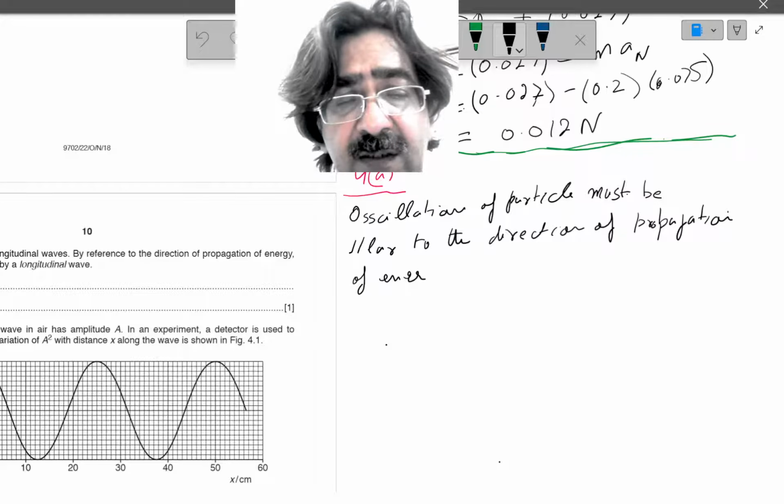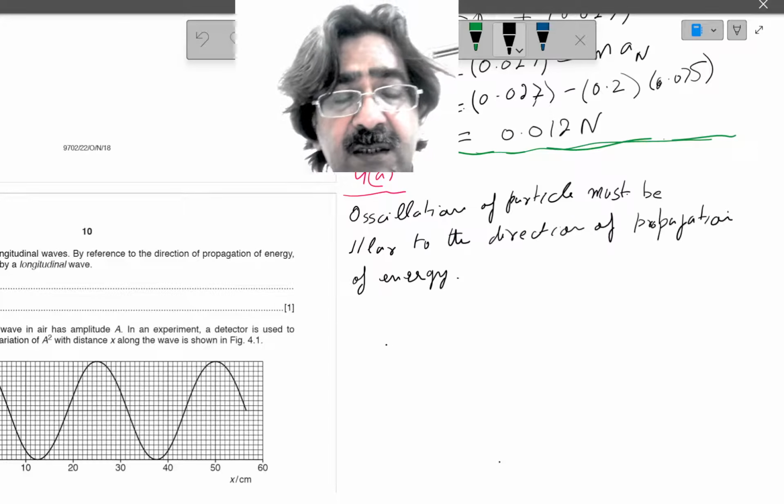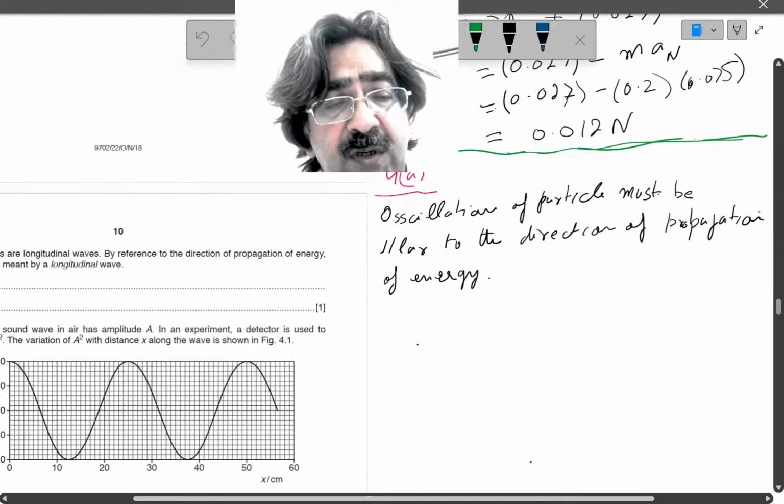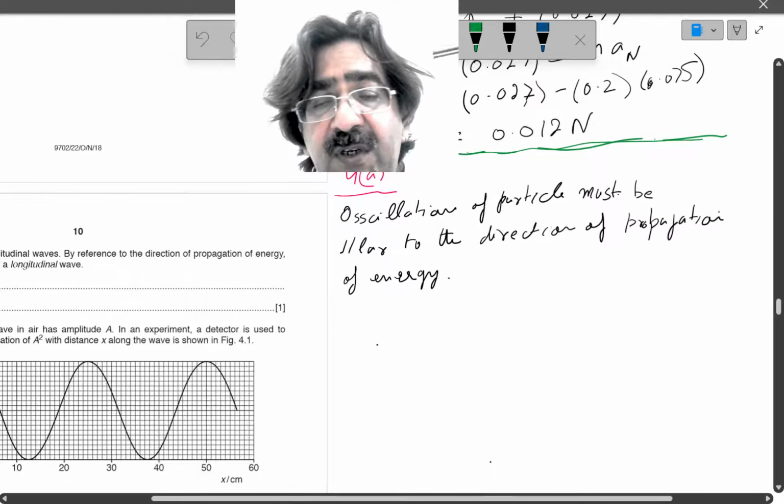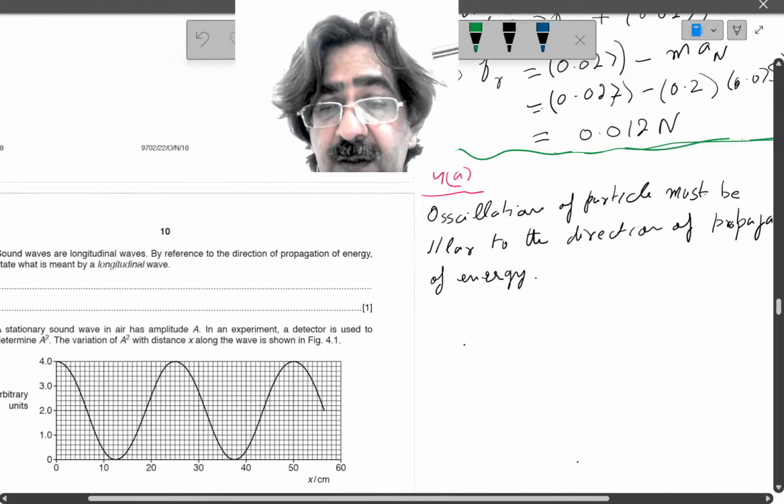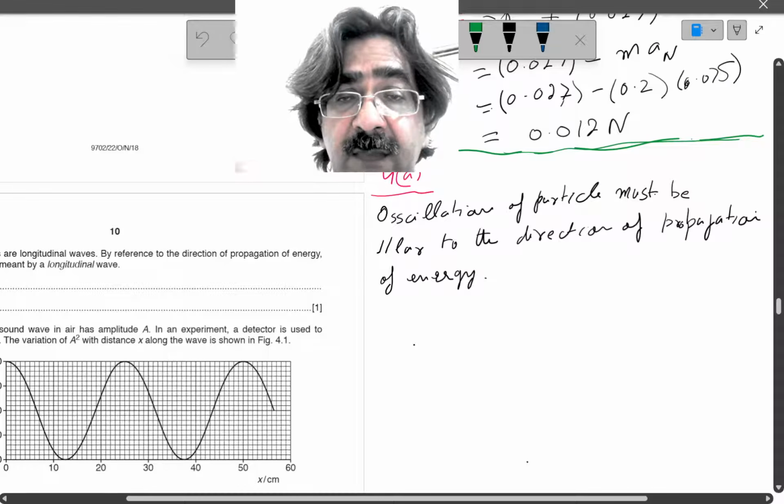Because the question asks about the propagation of energy, that's why we write the direction of propagation of the energy. Okay, part A is solved.